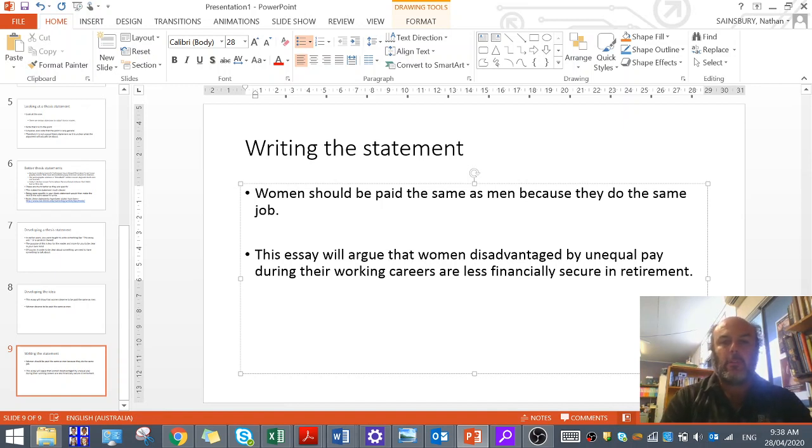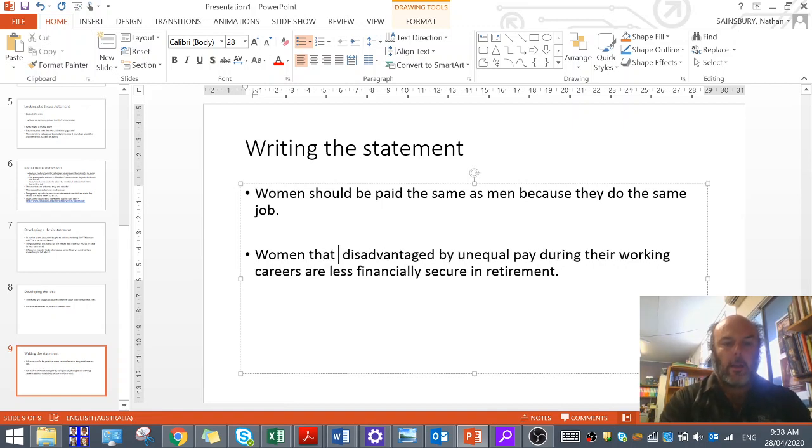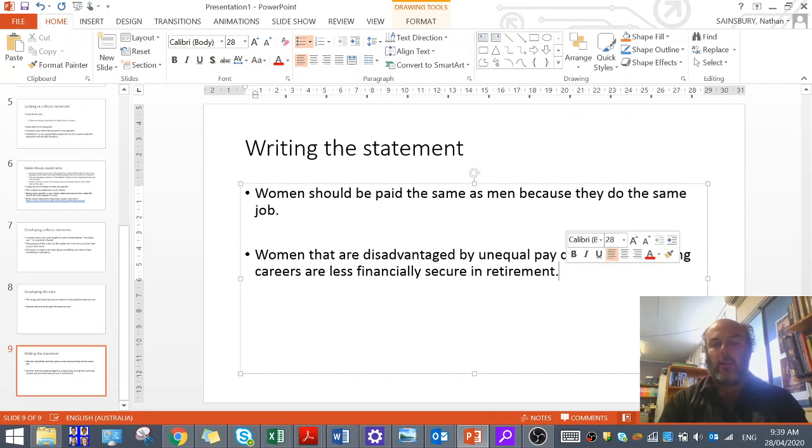And of course, I've left out an R there that I'll put in now. I can now get rid of that. Women that are disadvantaged by unequal pay during their working careers are less financially secure in retirement than men. And so just that little editing I'm doing there shows again why you should always read over your stuff.